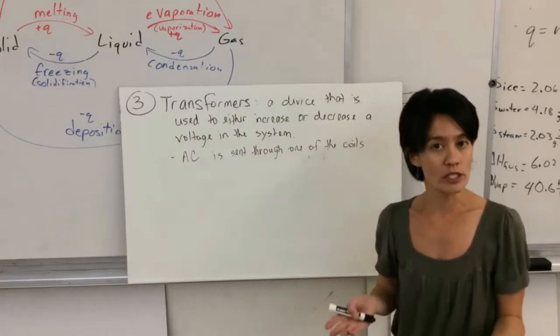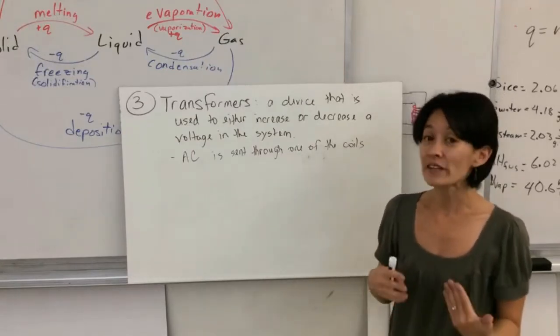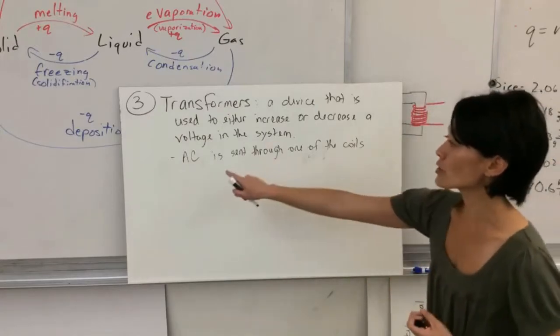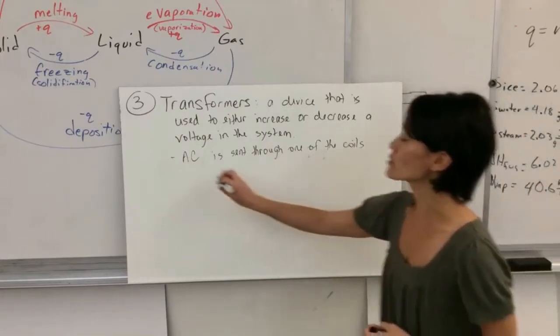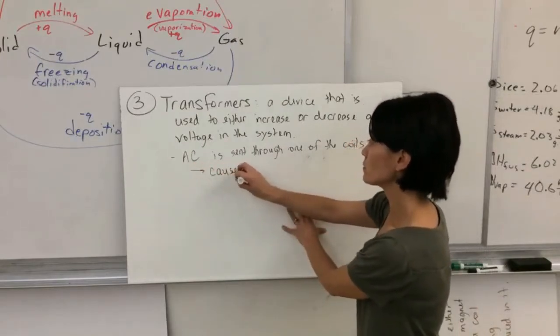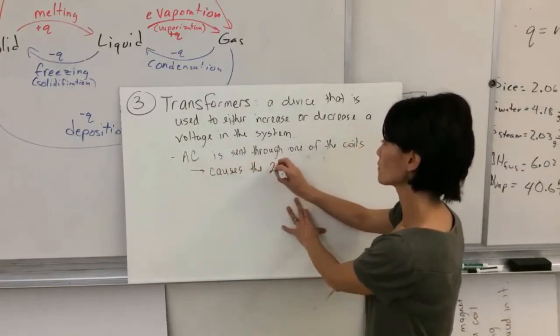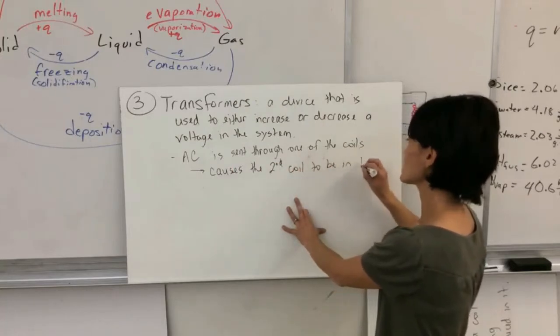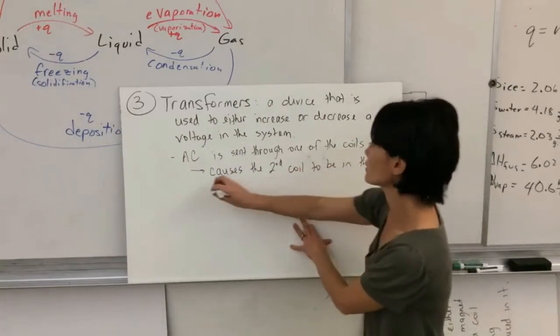So because the current is continually changing directions, the magnetic field associated with that current is continually changing directions. So alternating current is sent through one of the coils, which causes the second coil to be in the presence of a changing magnetic field.